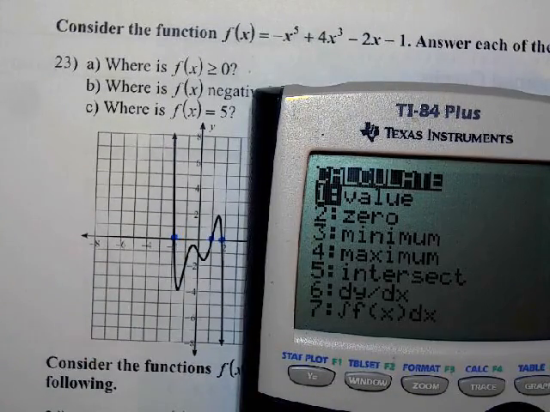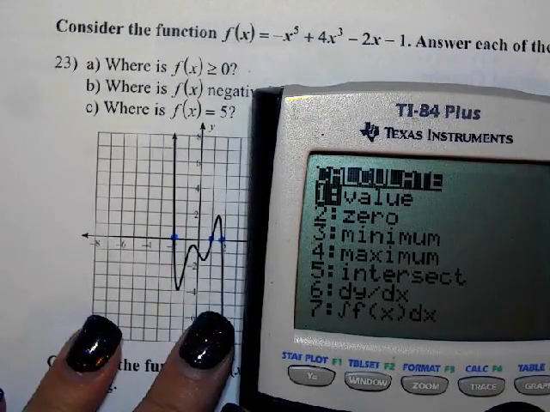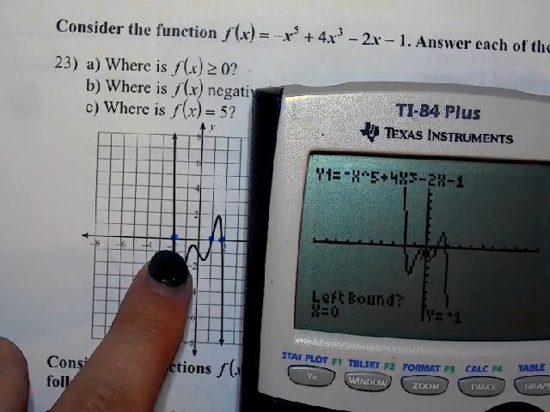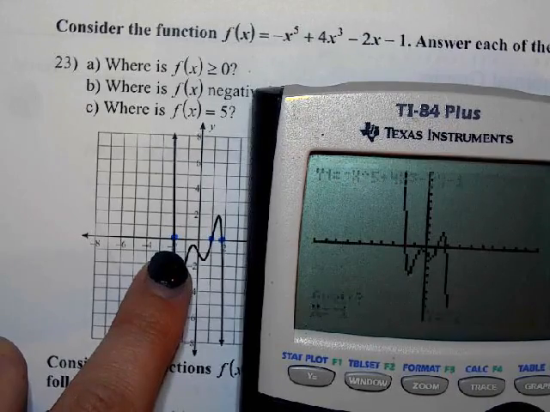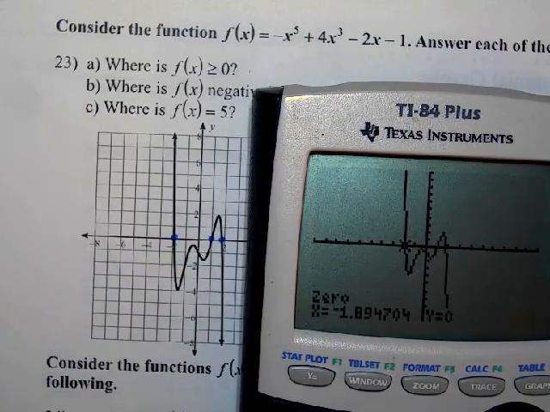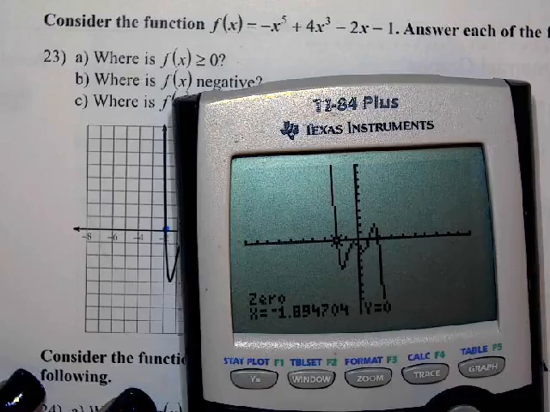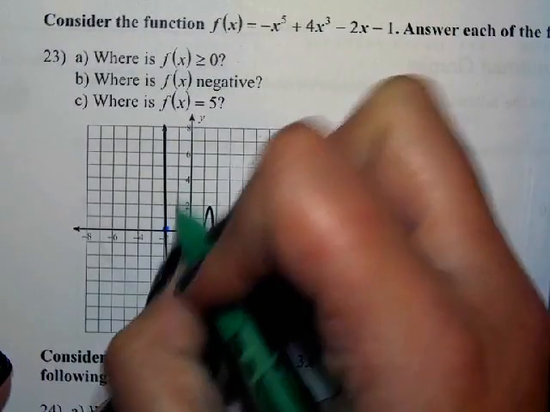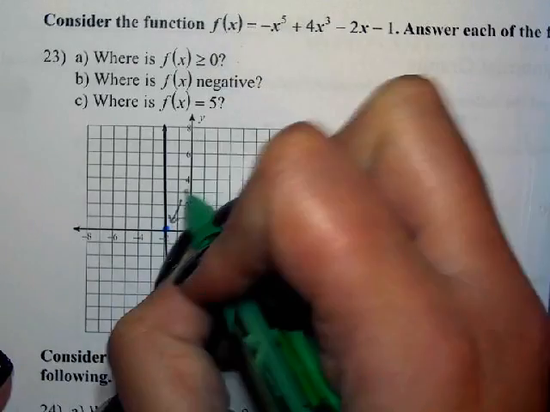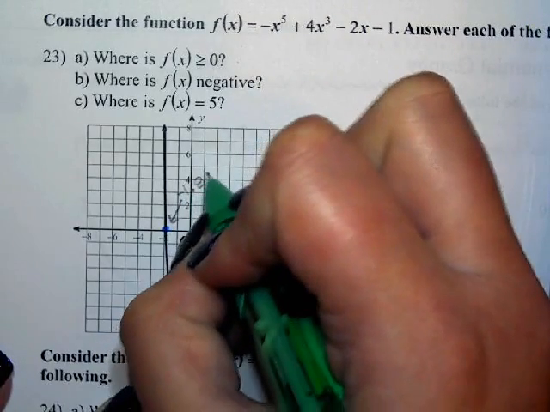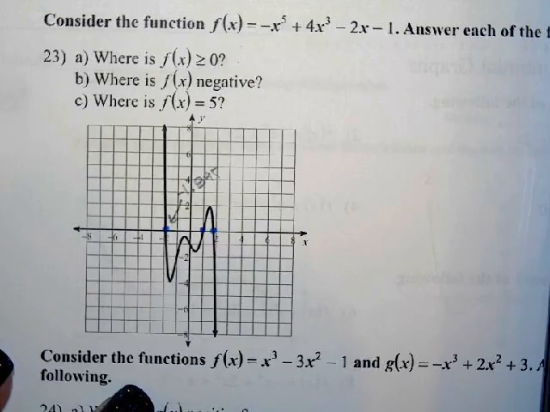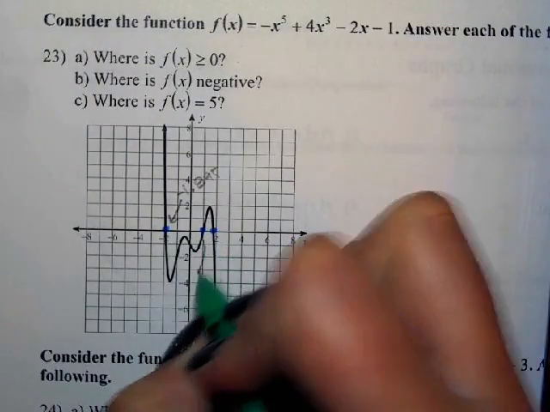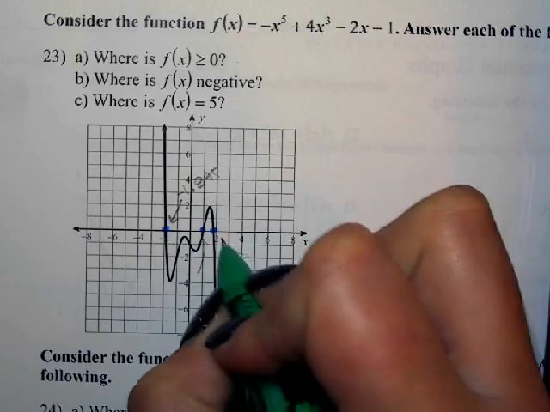Second plus 712. Yes, all right. So the first 0, is it actually negative 2? Did anyone find it? It is not actually negative 2. It's a decimal. All right, negative 1.895. And then we've got this one right here and this one right here.